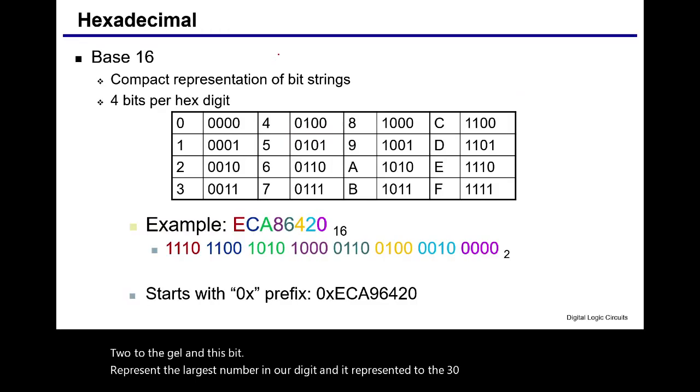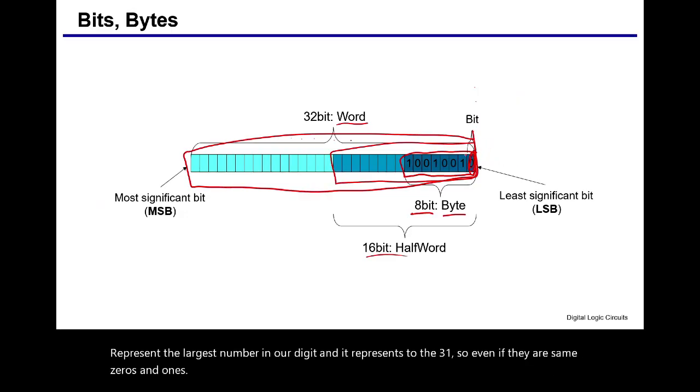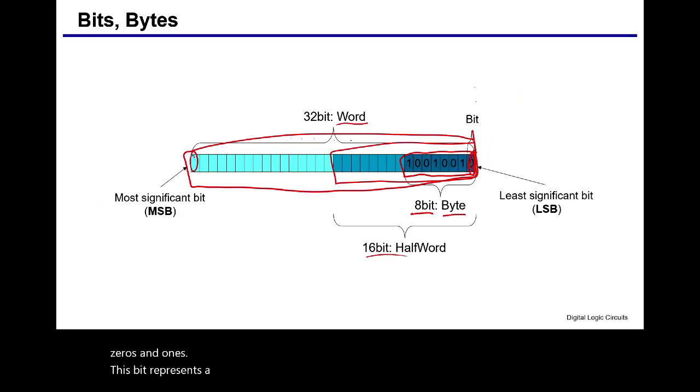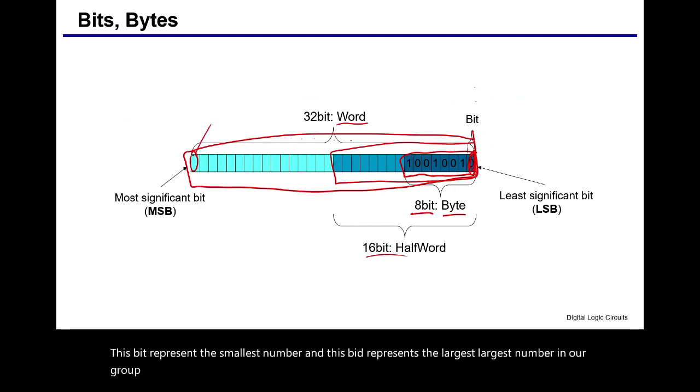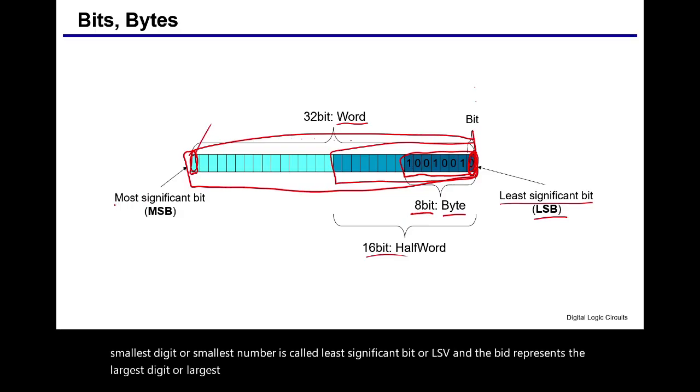Even if they are the same zeros and ones, this bit represents the smallest number, and this bit represents the largest number in our group of bits. The bit that represents the smallest digit is called the least significant bit, or LSB, and the bit that represents the largest digit is called the most significant bit, or MSB.